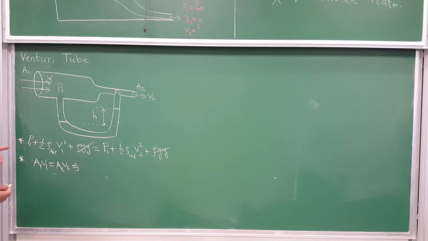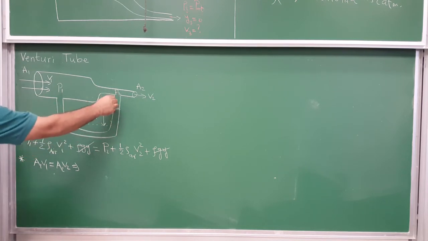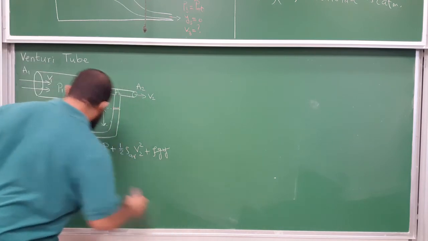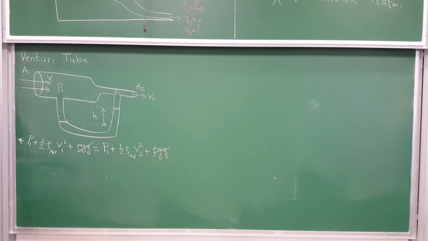Now, let me also write the pressure here, P1, and the pressure here is P2. Let me erase this one and rewrite it in a moment. So I will have P1 minus P2. I'm going to move P2 here and everything else to the other side.